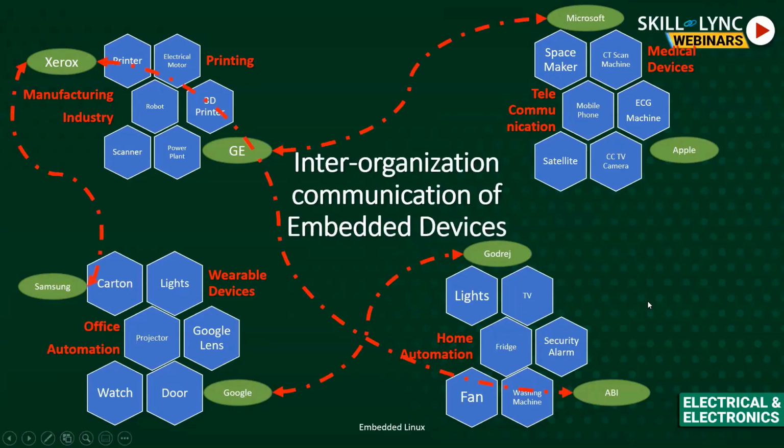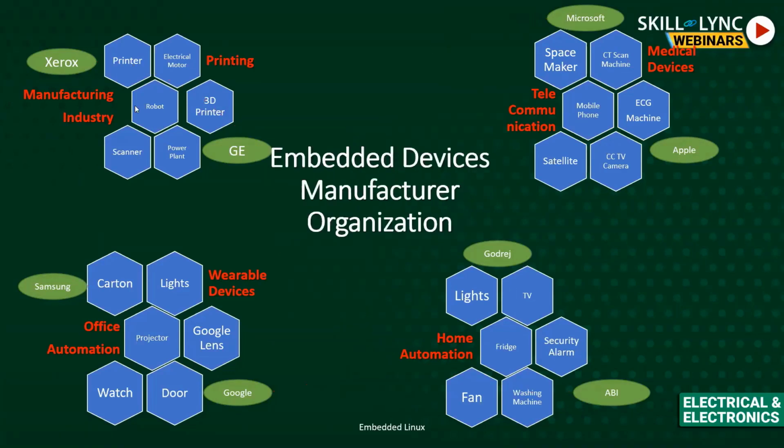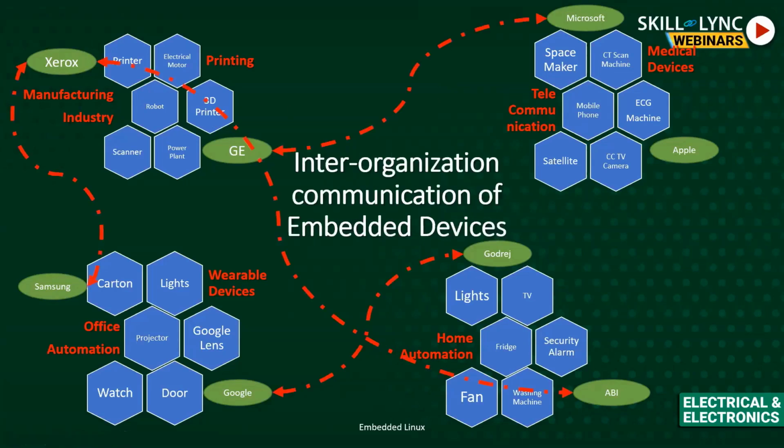If you see from 2000 to 2010, these organizations were developing embedded devices among themselves. They were not sharing these embedded devices with other organizations. But after 2010, we can see that devices are communicating with each other.